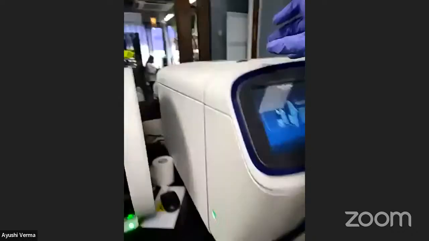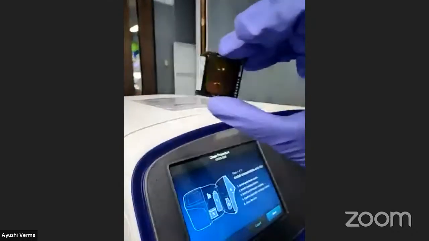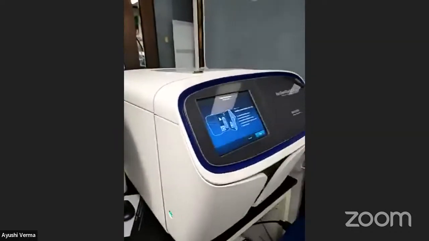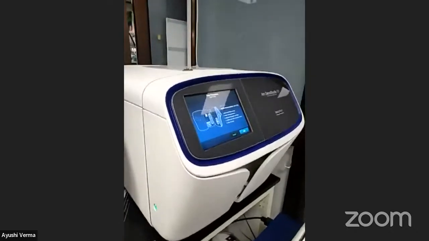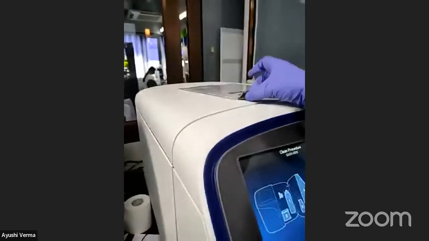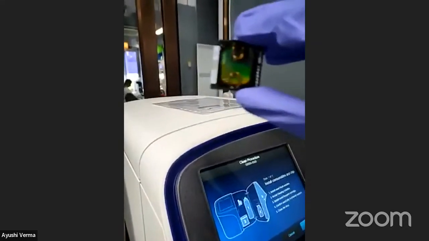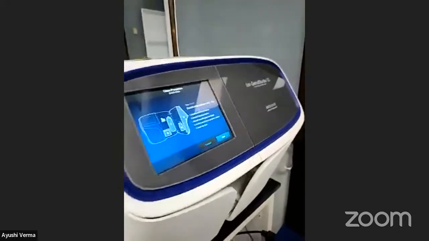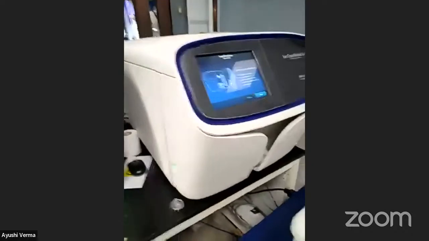So this well, where you load the sample, has a pH sensor attached. Whenever there's a release of proton ions, this pH sensor will detect them and give the instrument the signal that the sequencing is happening.